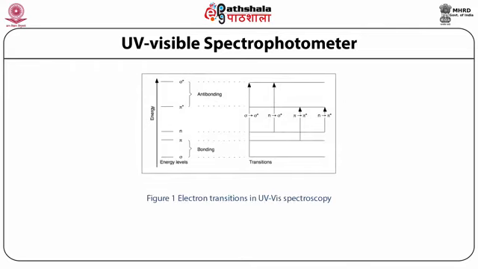Here the optical properties of any prepared thin film were determined using a double beam UV visible spectrophotometer, here a model Lambda 35 of Perkin-Elmer is shown, over a wavelength range of 190 to 1100 nanometer.